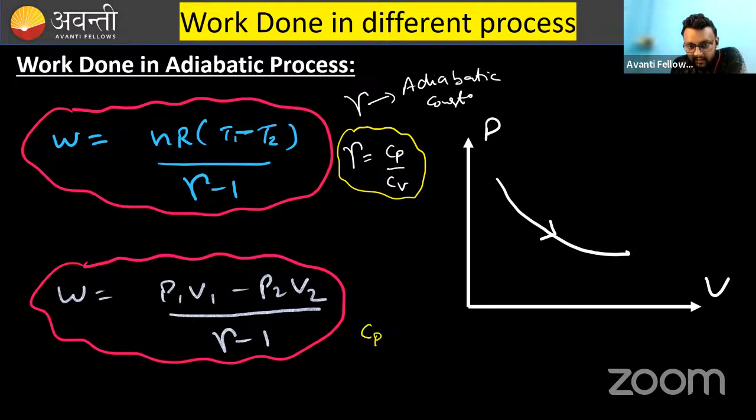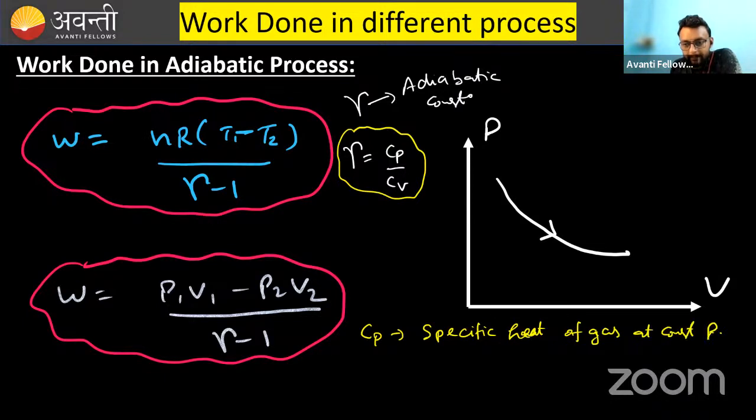Cp is the specific heat of gas at constant pressure, and Cv is the same thing but at constant volume.